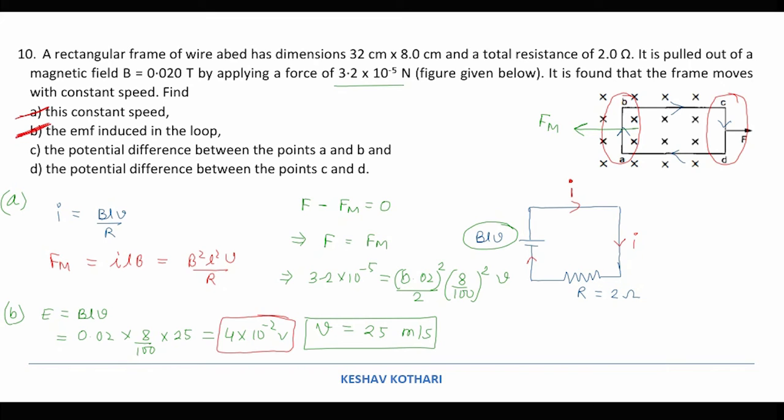So we can consider this circuit in this way. I am redrawing this circuit in this sense, that the EMF is generated because of this length segment, which is equal to BLV, and we have already calculated its value, and over here I am attaching the resistance which is going to be offered by this length segment.